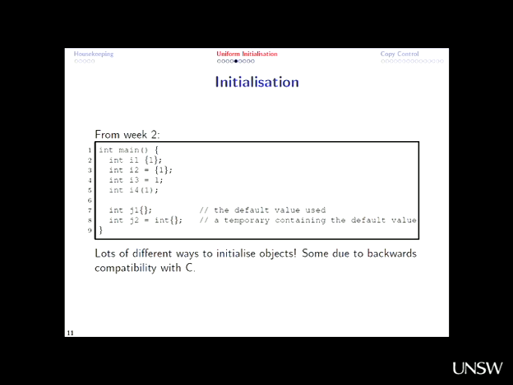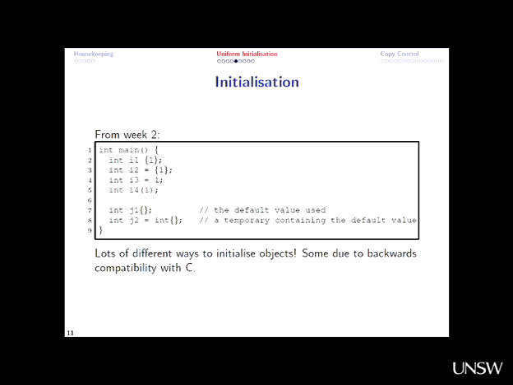The point of this from week 2 is there's a lot of different ways to initialize objects, and some of them are backwards compatible because of C. This is about to become a really good point where the standard has changed for the better, but you're about to get very confused because everything you think you know about constructing objects is about to change. And hopefully change for the better, but you're about to get a whole lot of new syntax.